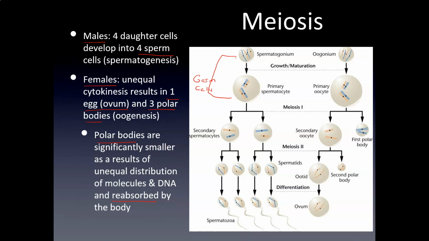So that ovum, once it fuses with a sperm cell, right? When these guys come together, dad's going to drop off genetic information when he fertilizes this cell. Everything else in here is baby's first cell, okay?